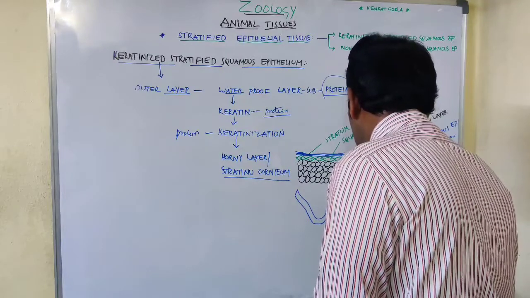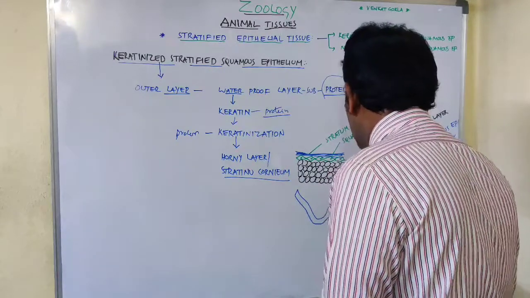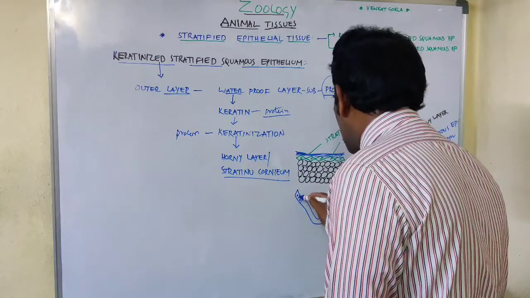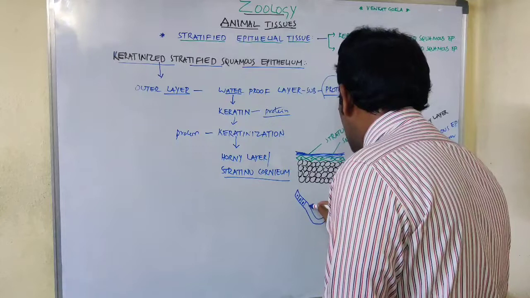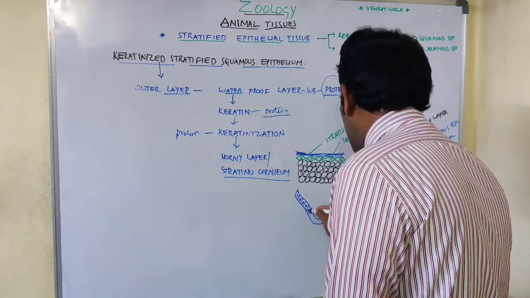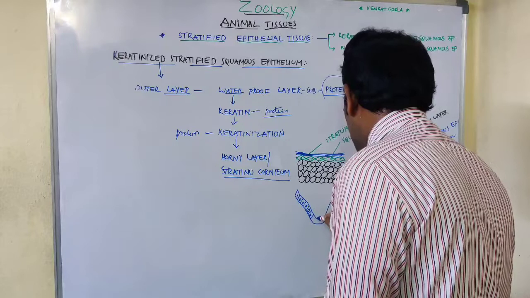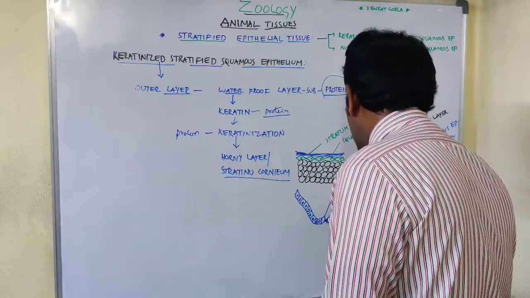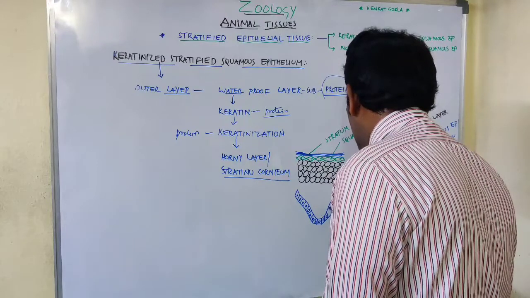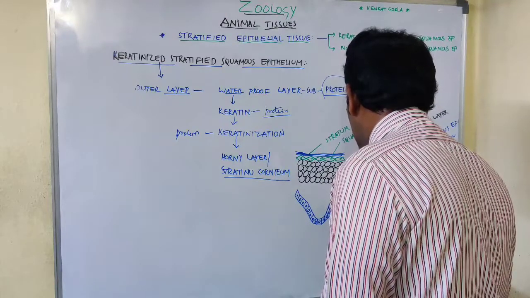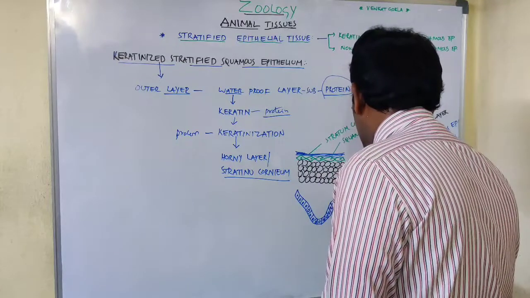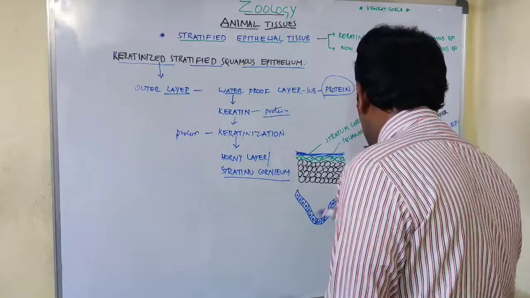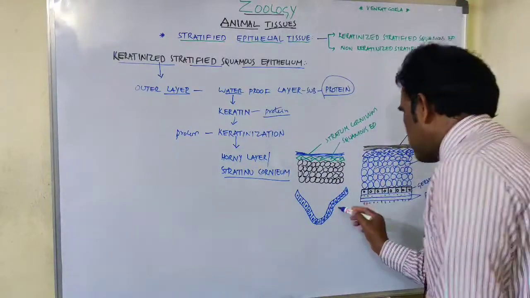The deepest layer of this tissue is living tissue. It is either a columnar epithelium or cuboidal epithelium. The cells in this layer divide mitotically and form many cells which form multiple layers. This is called stratum germinativum or germinative layer.